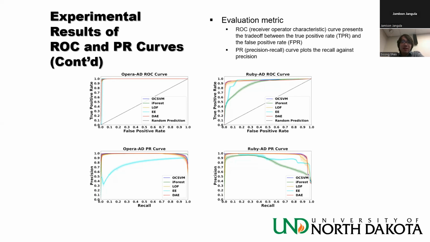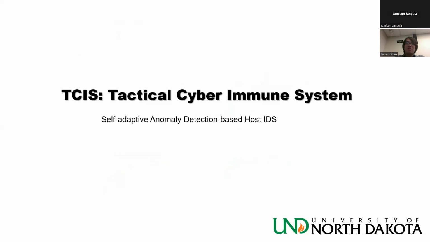Especially in this figure, as you can see here, the local outlier factor shows a high standard deviation, which is not good, which means it's not very stable. So this makes its stability of prediction somewhat unsatisfying compared with the denoising autoencoder.